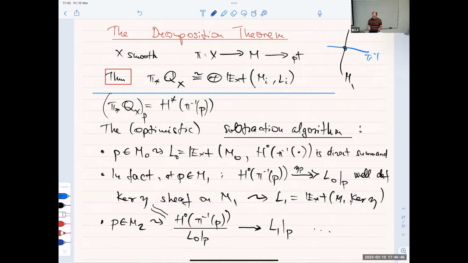And so what that means is that you have an injective map from the inverse image.